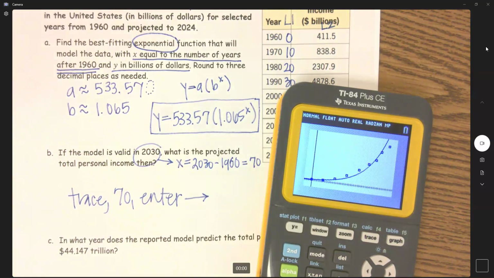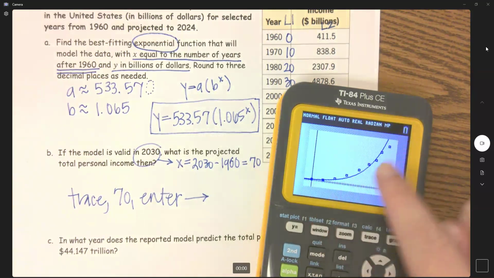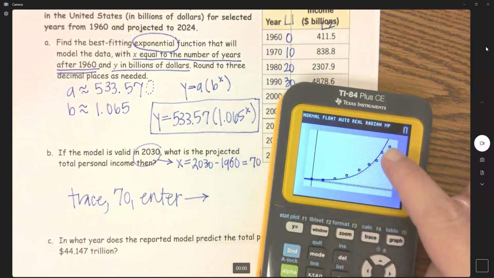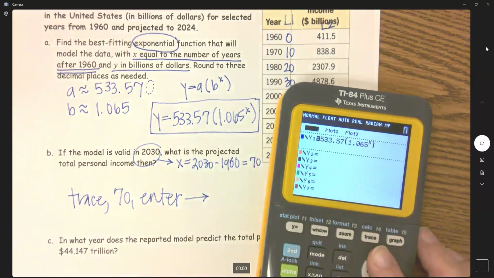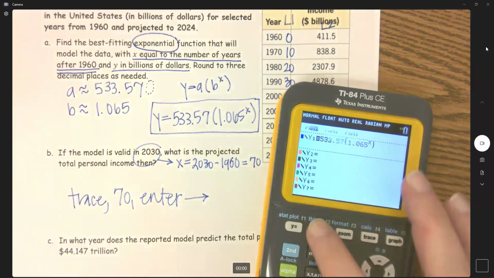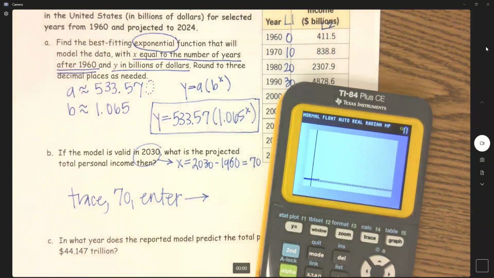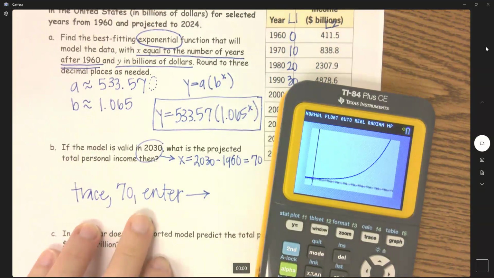Now we can see kind of how good this regression is. I should have taken all these plots off, but you can see how good that is right there. I'm going to take off my plot 1, and then also before I even, oh no, that will work. So taking off my scatter plot, I turn my plot 1 off. And now let's do trace 70, enter.